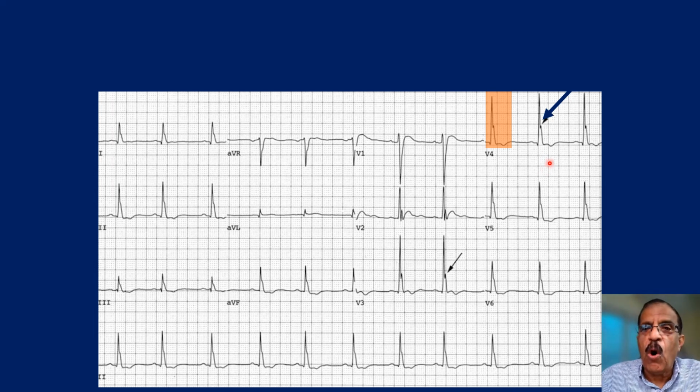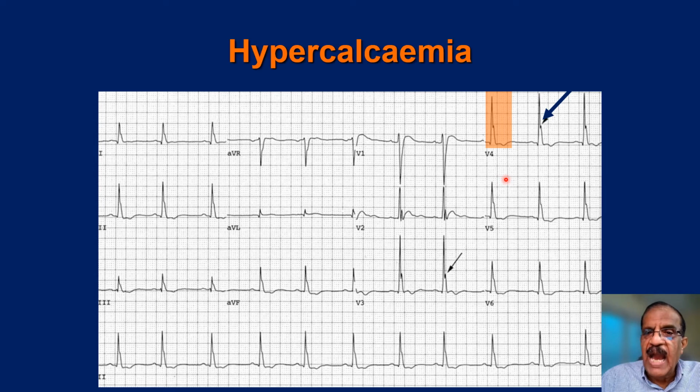This is called an Osborn wave. So these three abnormalities, broadening of the QRS complex, shortening of the QT interval, and the presence of Osborn waves, suggest the possibility of hypercalcemia. Hypercalcemia, okay?